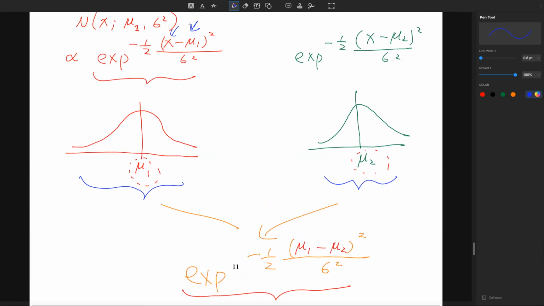This is the parameter, and this is the variable. Otherwise, you can't just swap them. You can't simply replace the parameter by a variable if they are not of the same dimensionality. So if x is in R^d, that implies mu is also in R^d. And they must also be symmetrical, so you can swap the roles of x and mu and the function value will be exactly the same.